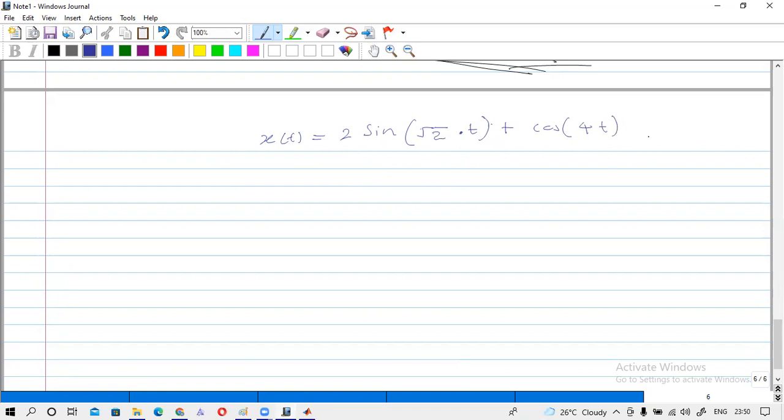If we consider this example, in the same manner you can consider this as the first component and this as the second component, x1 and x2.